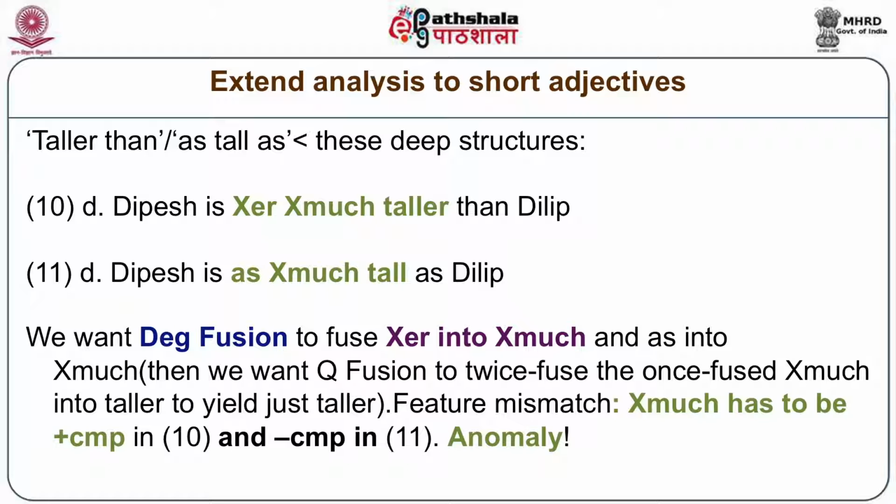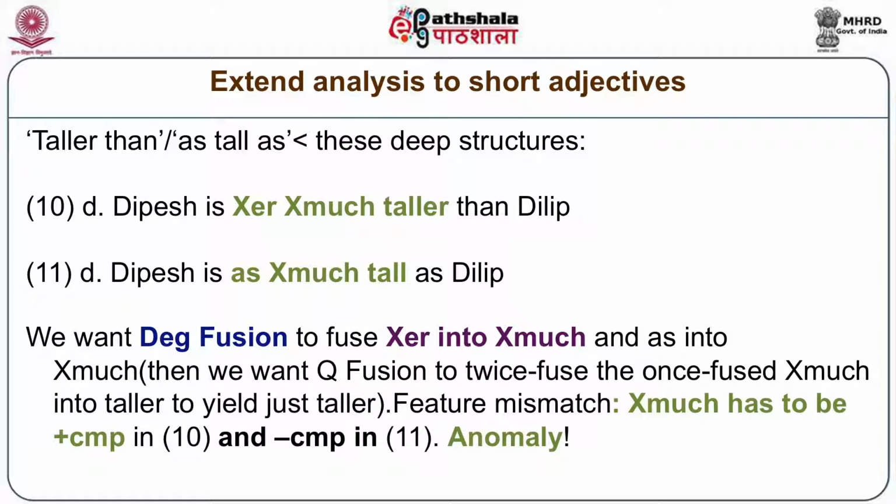For these short adjectives, it becomes necessary to fuse the volatile degree word xer, but you can't do that because deg is not an immediate neighbor of the adjective in the deep structure. What you've got is deg followed by Q followed by the adjective.